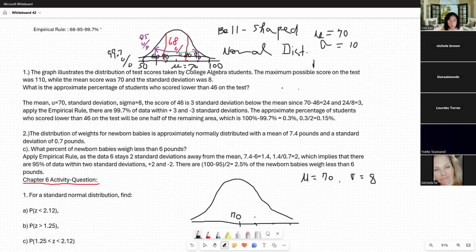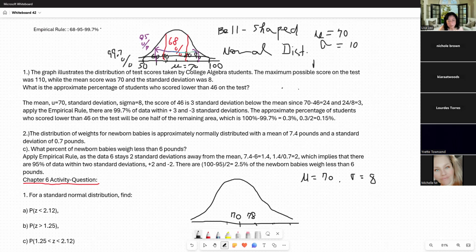So then you can see the standard deviation this time is changed. It's 8 points. So going to the right from 70, the next score should be 78, okay? That's how you set up. And the next score should be 8 points more, so you just add 8 more, going up like that.